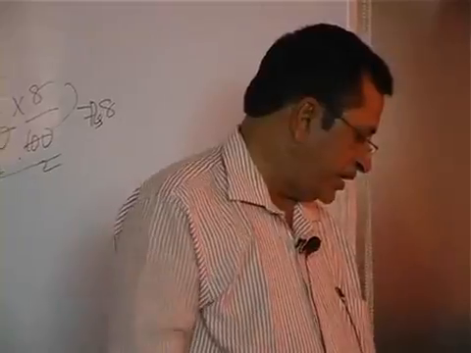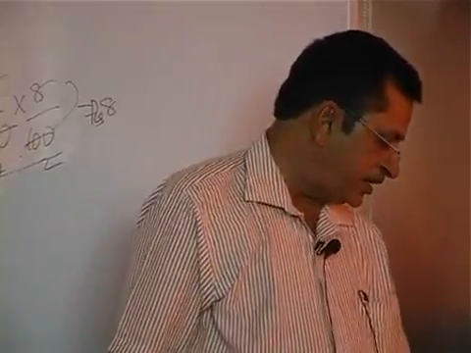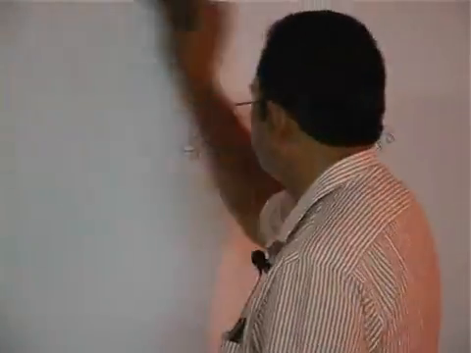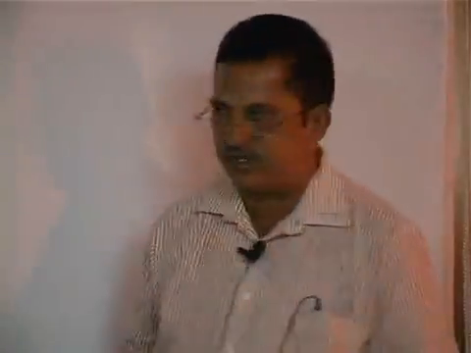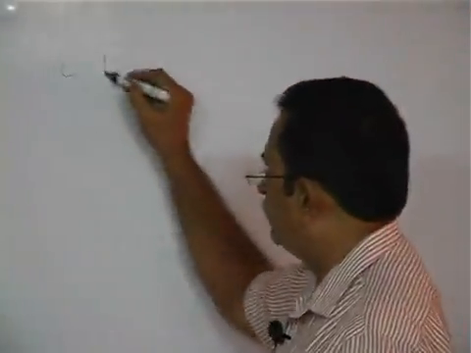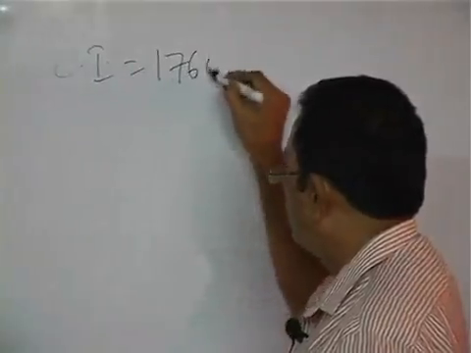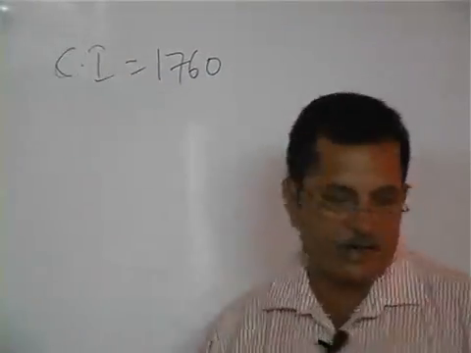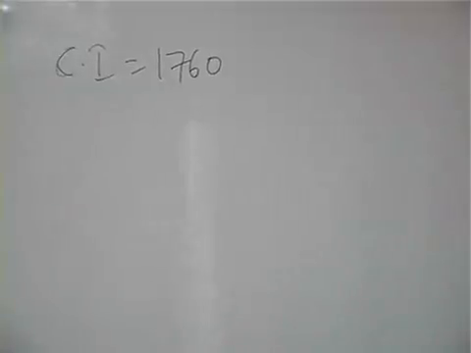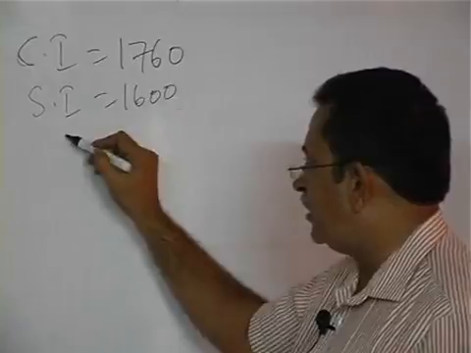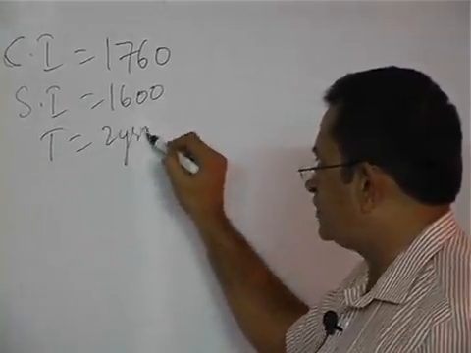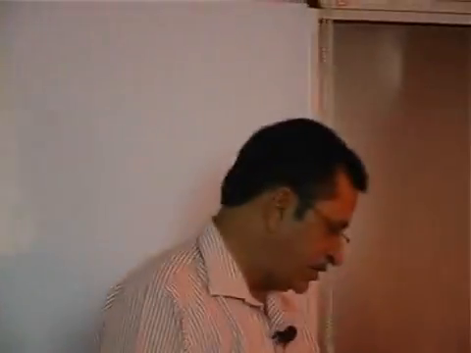The compound interest on a certain sum for 2 years is 1760, and if the simple interest is rupees 1600, find the principal.